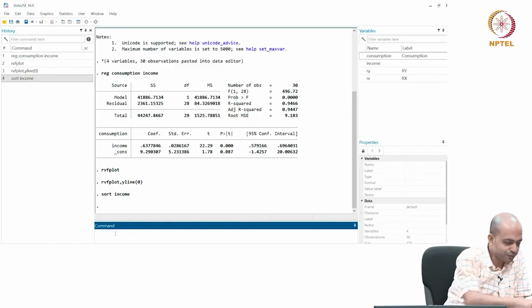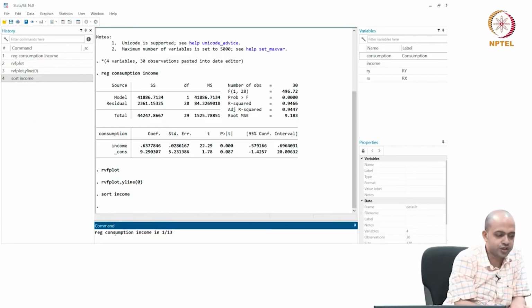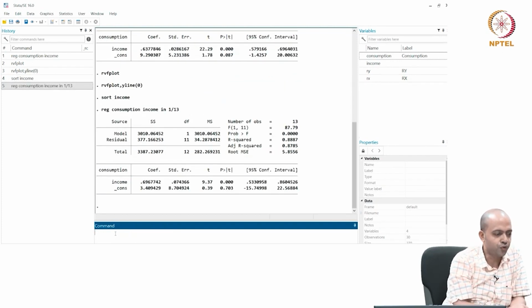So, first I have to run the regression reg consumption income for the first 13 observations, and if you recall once again, how will you put that command? The command is in 1/13, that means from 1 to 13. This is your first regression.